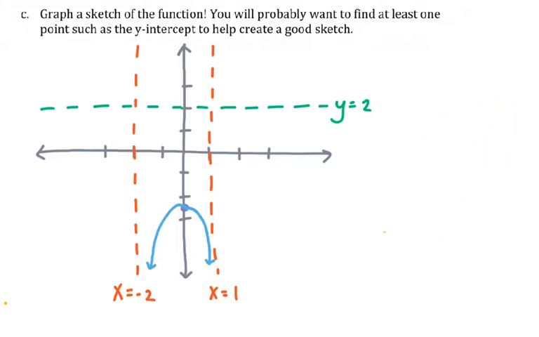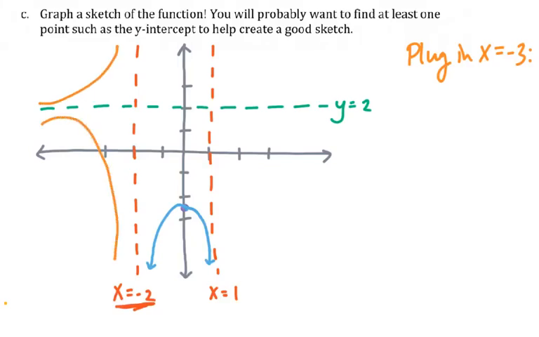Let's pick first on an x value on the left side of the graph. So again, this asymptote here is negative 2. So if I plug in, I don't know, let's just use x equals negative 3. If we plug in x equals negative 3 to the function, that's again going to just help me know, does my graph go above or below the asymptote?